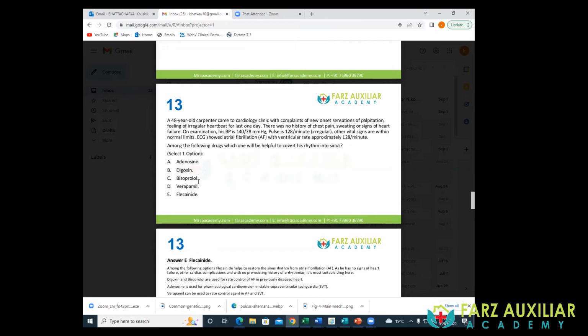And yes, if it is AV nodal reentry, macro, micro, okay. But obviously in macro reentry, you don't want to give verapamil. So usually it is given for micro reentry or AV nodal reentry, AVNRT type of SVT, which is 90% of the SVT. Okay. That is also a favorite question.